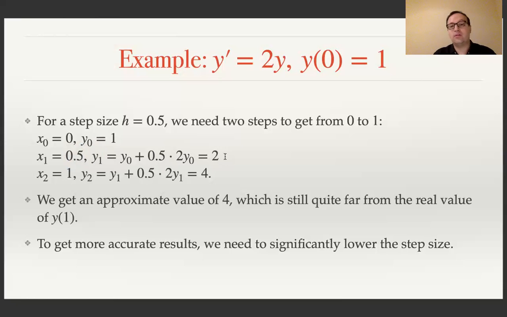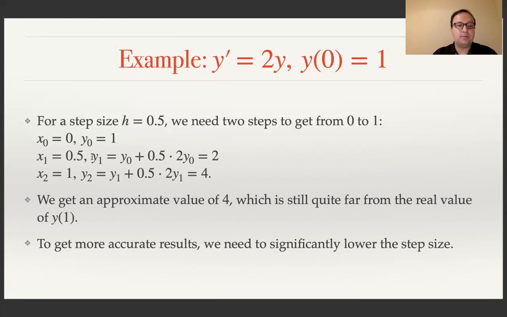And this is how these numerical methods work. We use this value again in the next step. So each step builds upon the previous step. So the next step, we are supposed to compute the value of the solution at 1, and the approximate value is y2 is equal to y1 plus 0.5 times 2y1. So each step only depends on the previous step.